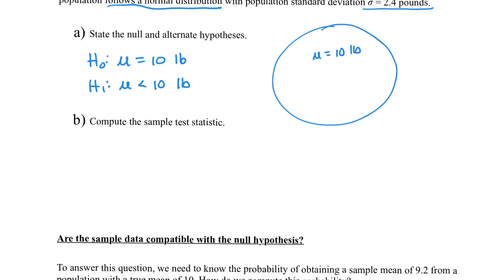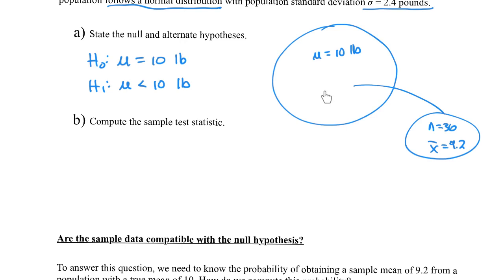So this group takes a sample out of here, a sample of size 36, and out of that sample, they get a mean of 9.2. Now again, we know that as we take samples out of here, even if this is true, it doesn't mean our samples are all going to be 10, right? And there's going to be variation in the samples. So the idea is, how far away can this get before we're ready to reject this? So that's what we're working on.